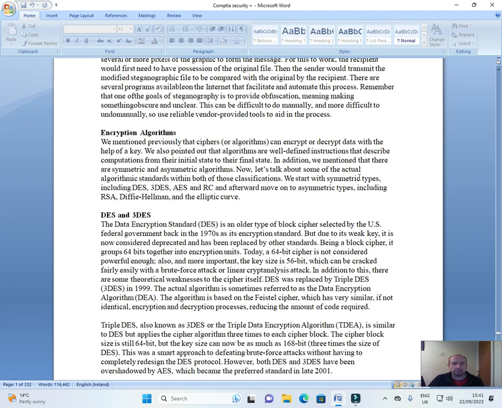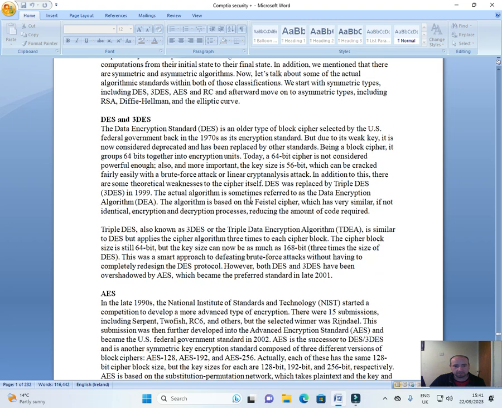Now let's talk about some of the algorithmic standards within both of these classifications. We start with symmetric keys, including DES, 3DES, AES and RC, and afterward move on to asymmetric types including RSA, Diffie-Hellman and the elliptic curve.